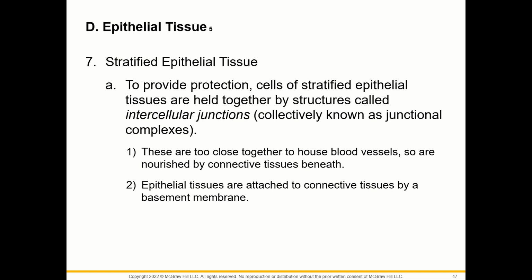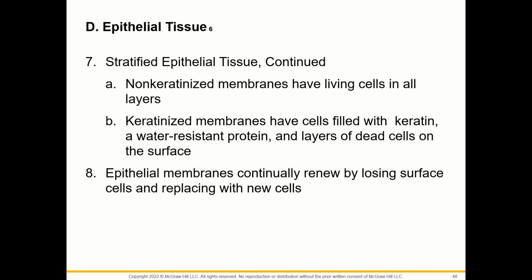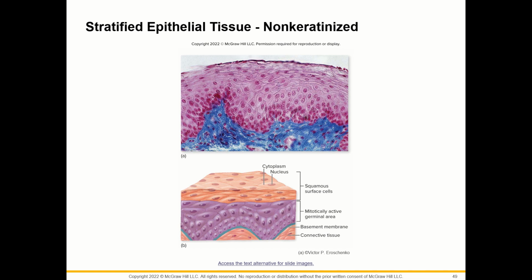Epithelial tissues are attached to connective tissues by a basement membrane. So let's take a look at that picture of the non-keratinized stratified epithelium. That basement membrane is the junction between the pink tissue in figure 1.13a and the stained blue tissue beneath it.